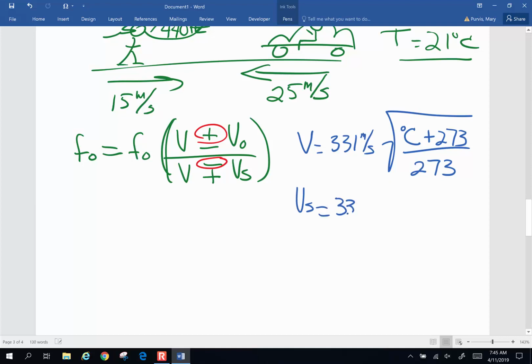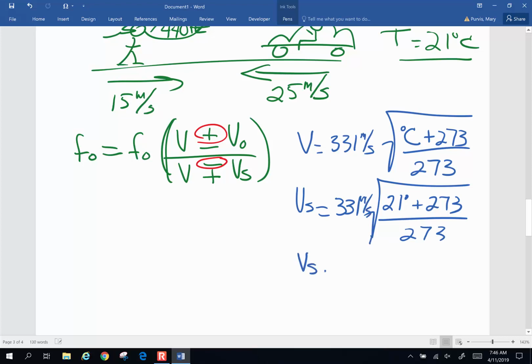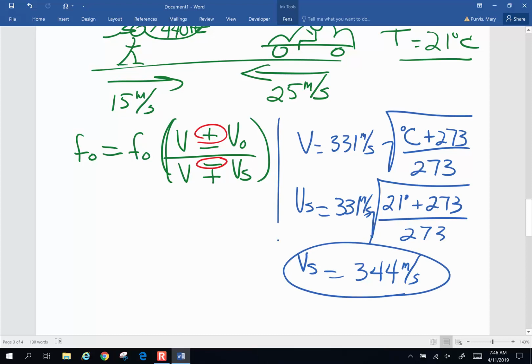So 331 times the square root of 21 degrees Celsius plus 273, that's going to convert this into Kelvin, divided by 273, which will be in kelvins. And when we do the math, and please watch out for order of operations here when you put it in your calculator, I'm going to end up with 344 meters per second. A slight difference, but definitely a difference. So I'm going to use that in this equation.